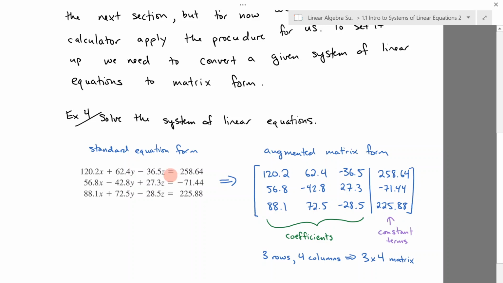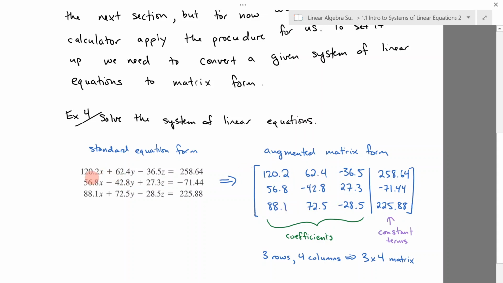Basically what we do is we suppress the variables x, y, and z. First you have to make sure that the equation is in standard form, which it is, because the x's, the y's, and the z's are all lined up. Once it's in standard form, you just list the coefficients in all the correct places.